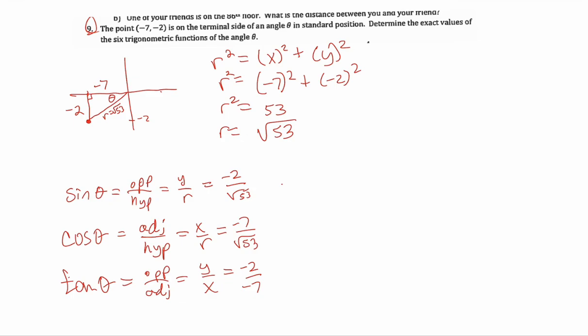Now, the test is multiple choice, so you could probably just show me up to there and then find the correct answer. But let me show you what the answer would look like. This would be negative 2 radical 53 over 53. This would be negative 7 radical 53 over 53. And this would just be positive 2 sevenths.